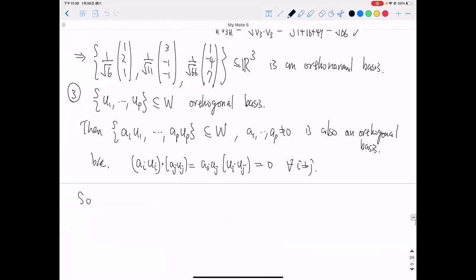So if you now choose these a's to be the inverses of the lengths of these vectors u, that is, you consider u1 divided by the length of u1, u2 divided by the length of u2, and so on, this is an orthonormal basis.